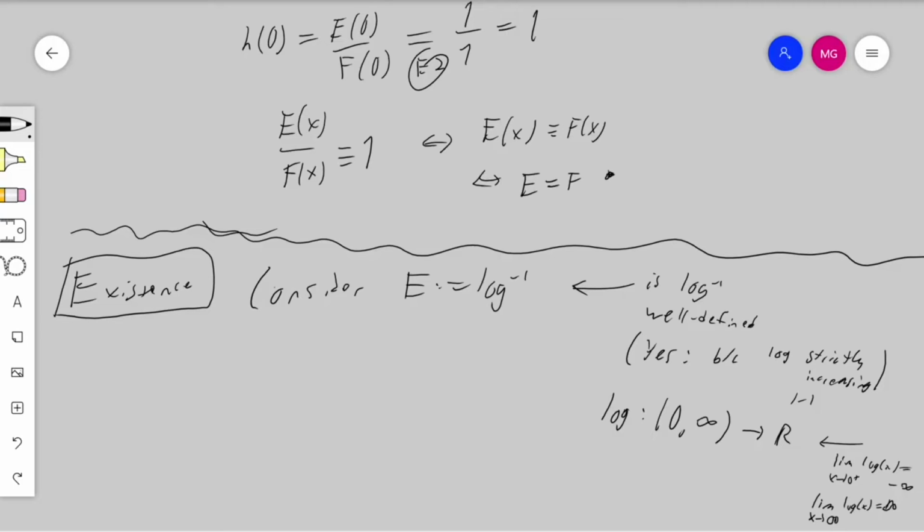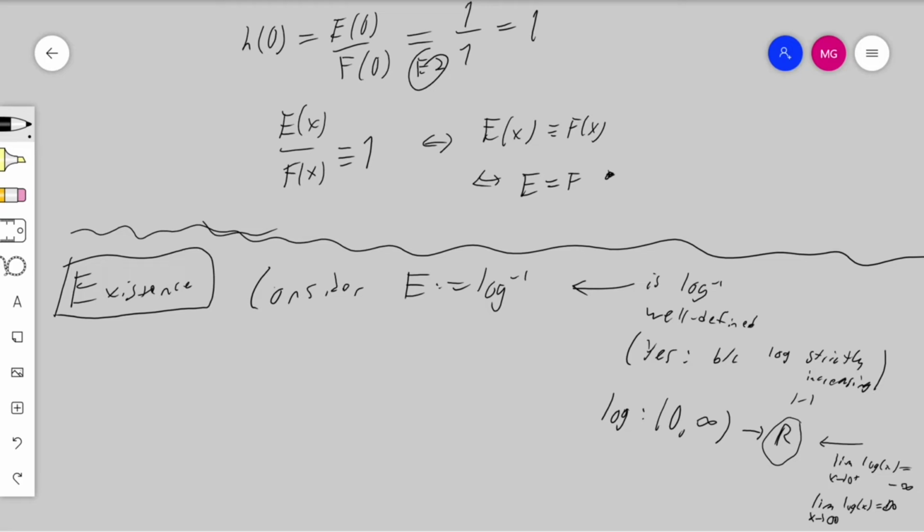Finally, we know that log is a differentiable function, so it's continuous. So we have a continuous function which asymptotically goes to minus infinity and plus infinity, so it has to hit every value in between. So the reals are in fact not only the codomain, they're actually the range. Every number in the reals is achieved by log.